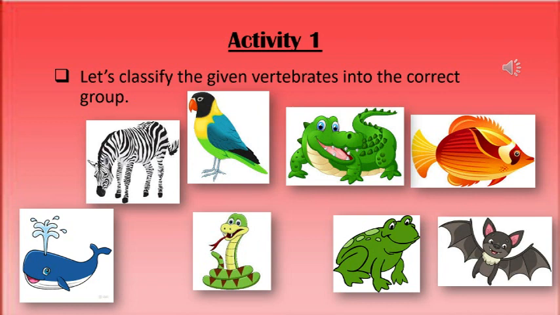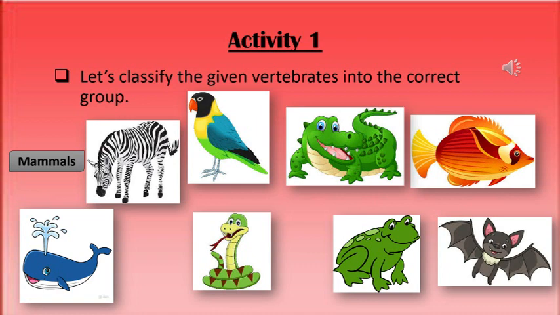So what is in the first picture? That is a zebra, right? Which group does a zebra belong to? It is a mammal. Do you know why the zebra is known as a mammal? It gives birth to the young one, so it is a mammal.